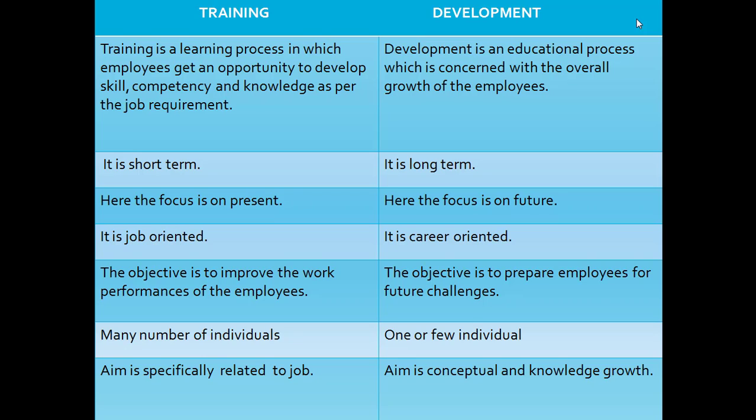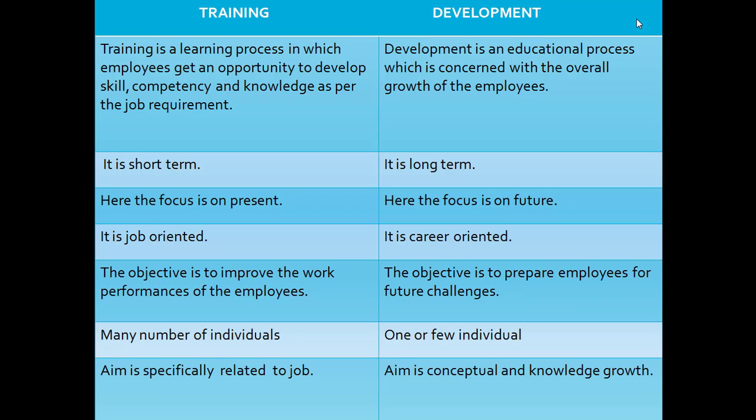Now training is job oriented and development is career oriented, right? The objective of training is to improve the work performance of the employee. That is the way in which an employee does the work, that should be improved. That is the basic focus of training, whereas the basic objective of development is to prepare the employees for future challenges, because in future when an employee grows, he gets more challenging jobs, roles and responsibilities.